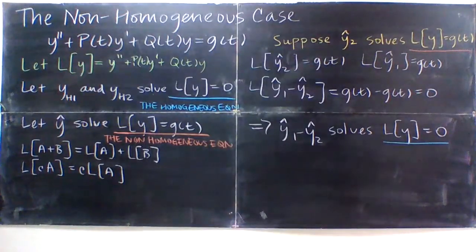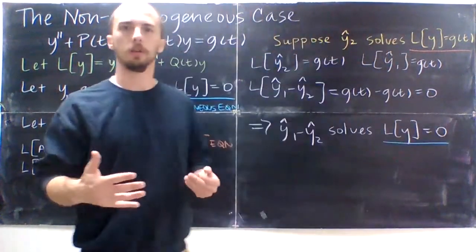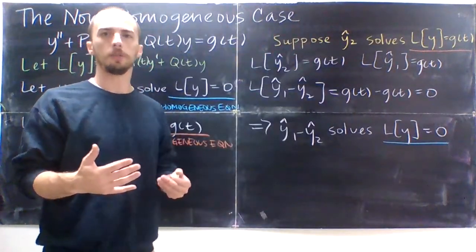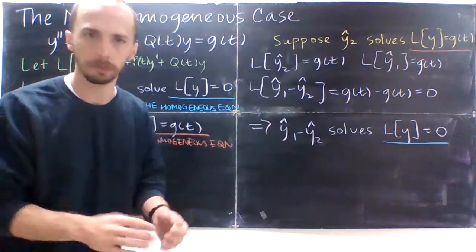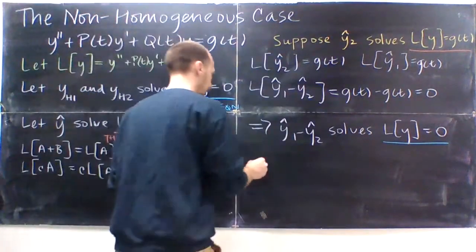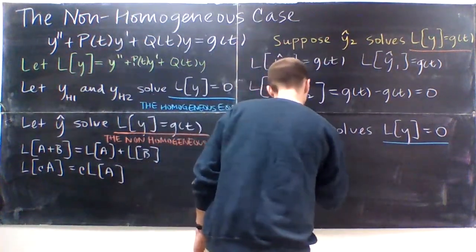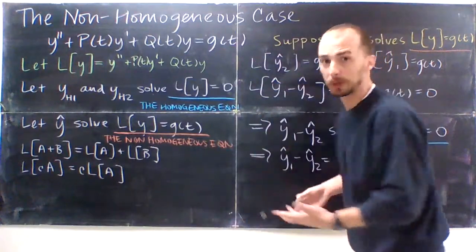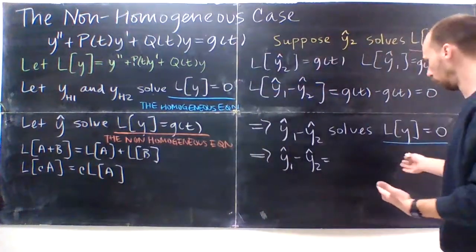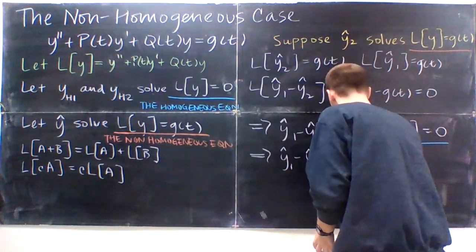But I also know from before that all of the solutions to the homogeneous equation are going to be some kind of linear combination of the two linearly independent solutions, which means that y1 hat minus y2 hat equals some kind of combination of yh1 and yh2, homogeneous 1 and homogeneous 2.